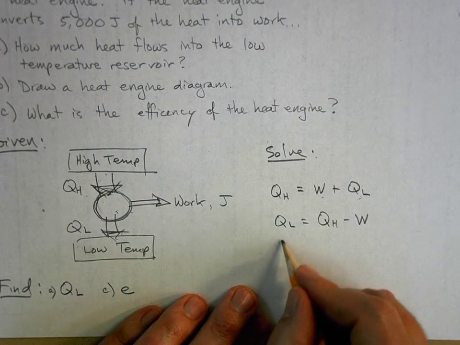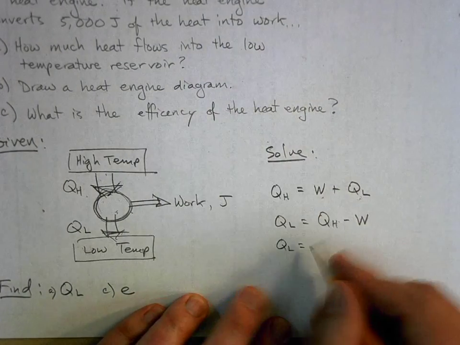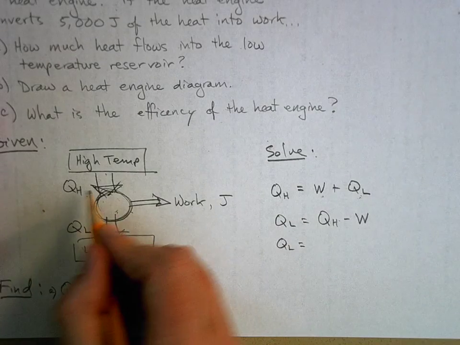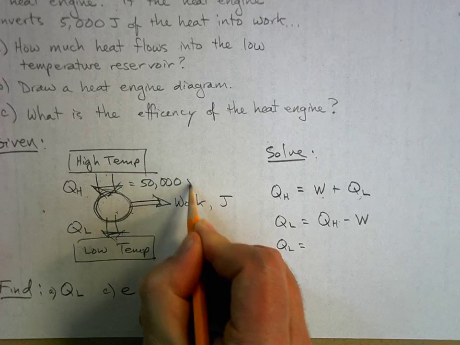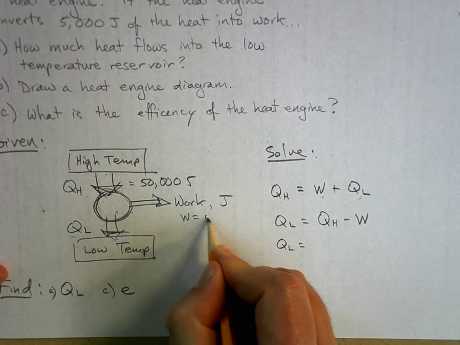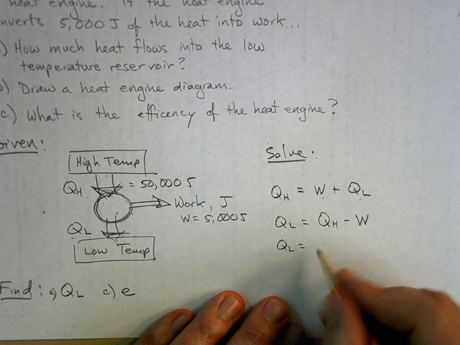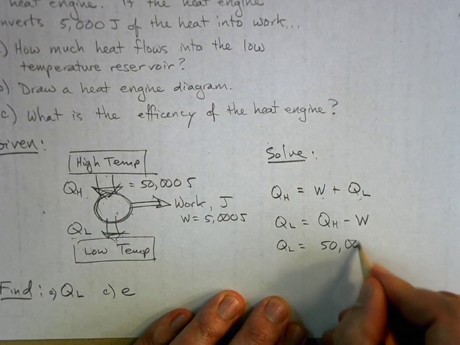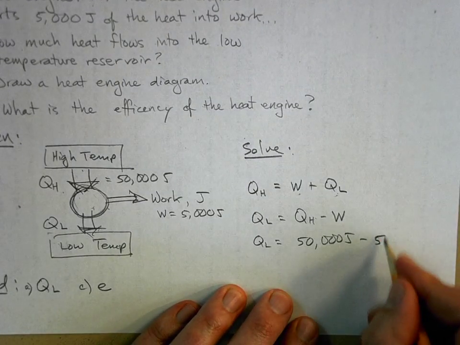Okay, so the heat flowing into the low temperature reservoir, well, we've got, I didn't write it up here, QH equals 50,000 joules. The work done is 5,000 joules. So this is going to be 50,000 joules minus the work done.